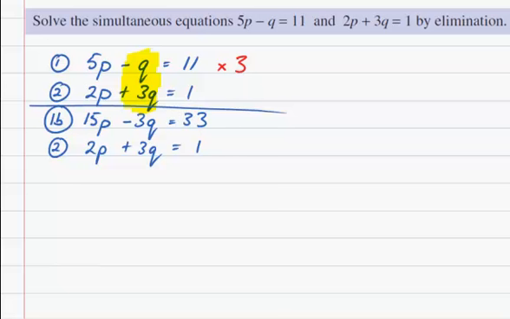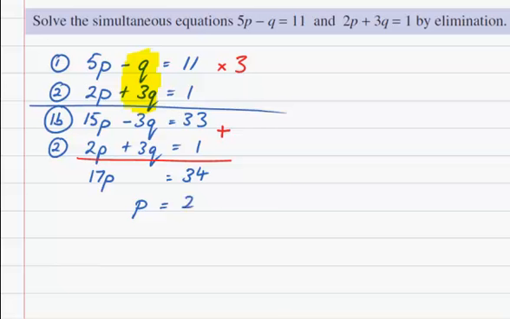If they're different, to get 0, I should add the two equations. Adding those two equations, 15p plus 2p gives me 17p. Negative 3q plus 3q gives me 0, and 33 plus 1 gives me 34. Then I divide by 17, so p equals 2.